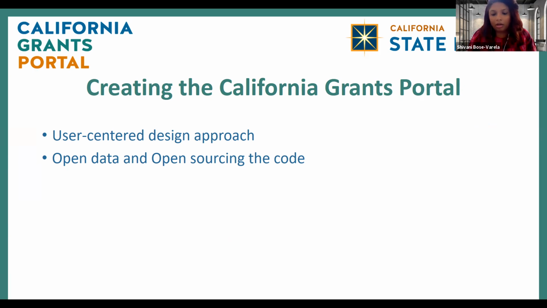So keeping that in mind, even after the development, and when the portal went live July 1 of 2020, we have continued doing feedback sessions. We do quarterly feedback sessions with the grant seekers and grant makers, where we talk about how their experience has been. Are there other technical changes they would like to see? What are desires and needs that they might have once they've actually worked on this portal?